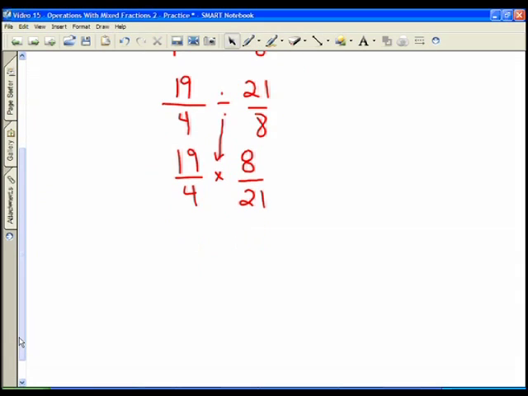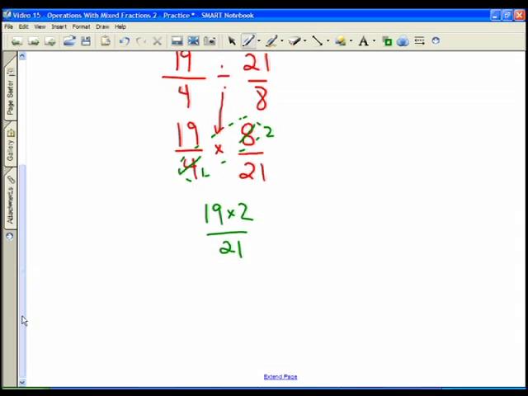And now, if you remember, in some past videos, we reduced at this point to make it easy. 19 can't be touched. That's a prime number, but 4 goes into 4 once, and 4 goes into 8 two times. And so we land up with 19 times 2 over 21, which is 38 over 21.